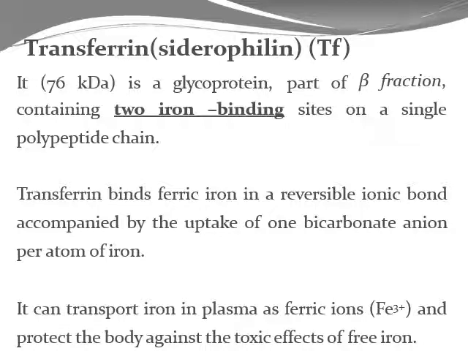The next plasma protein is called transferrin, also known as siderophilin. Again, it's a glycoprotein, of the beta globulin subtype. It has two iron binding sites in a single polypeptide chain. Its role is mainly to bind with ferric iron. It can transport the iron in the plasma as ferric ions and protect the body against the toxic effect of free iron.